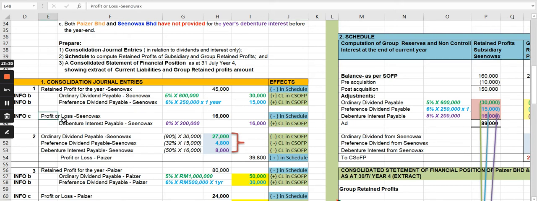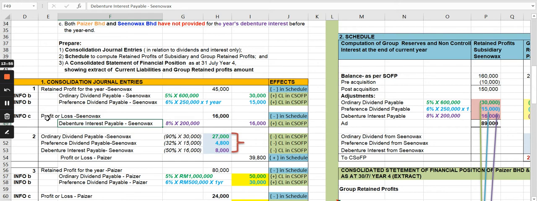The next one is for the debenture interest. Debenture interest was declared in the profit or loss account or provided for as a finance cost. So debenture interest payable is a finance cost. So therefore, you will have to pay regardless you make profit or you do not make profit.